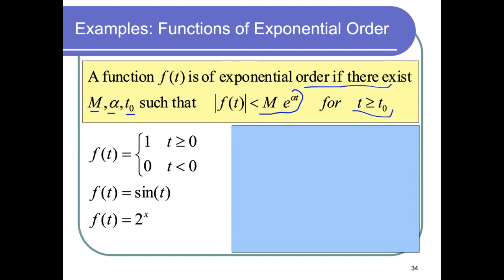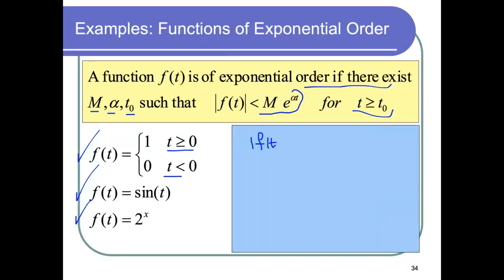So for now, let us try to prove that these functions are of exponential order. If I have f of t being equal to 1 when t is positive and being 0 when t is negative, then f of t is simply what?